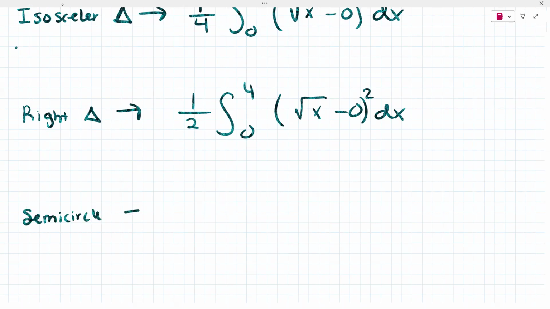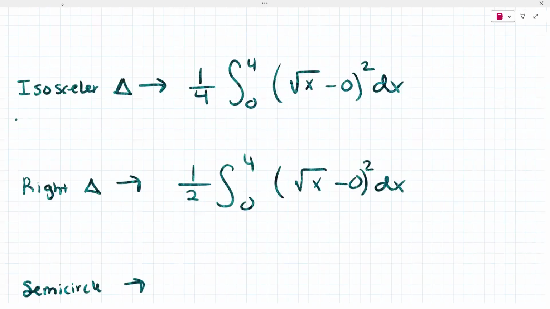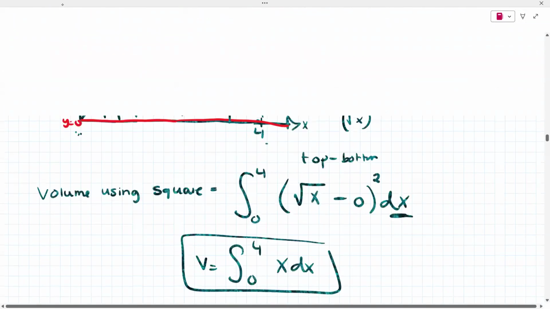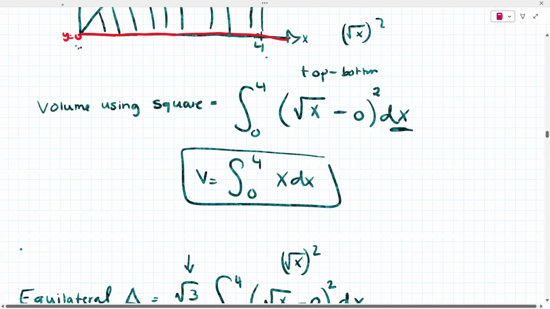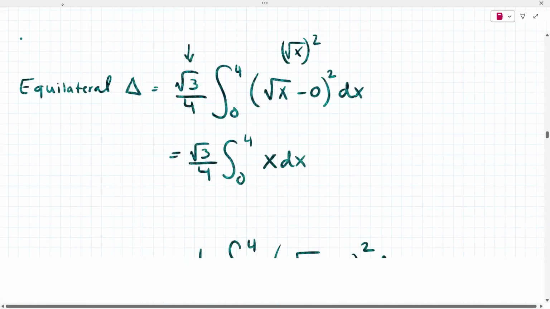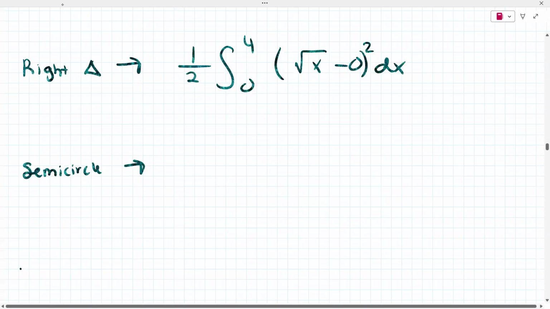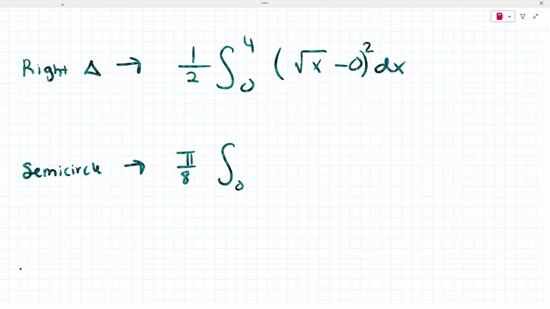It would be pi over 8 from the integral 0 to 4, radical x minus 0 squared dx. I'm just going to leave it like this because you can simplify that a bit more.